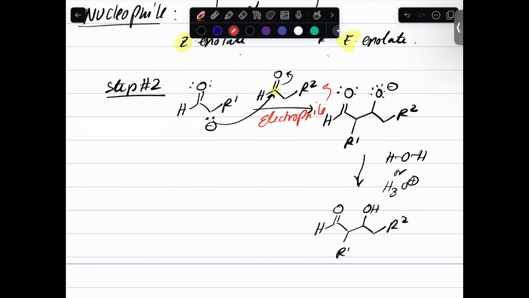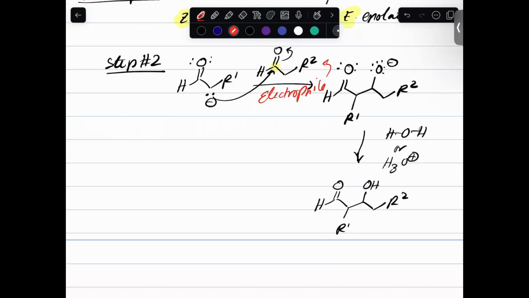Okay, now we've got a carbonyl electrophile. And so if you remember, the carbon right next door to the carbonyl is alpha, and then next to that is our beta carbon.